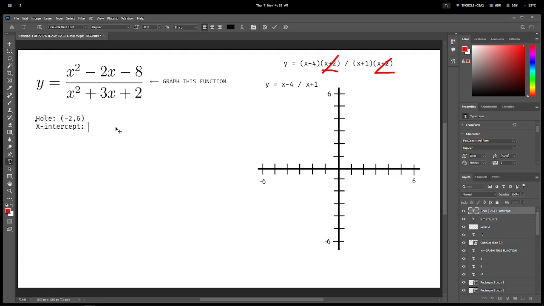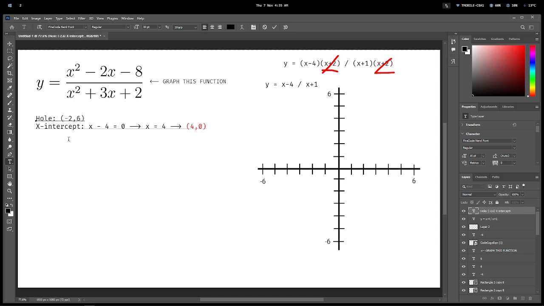So it becomes x minus 4 equals 0, and it will become x equals 4, because to get rid of -4, you plus 4, blah, blah, blah. You guys know that shebang. And we will write this in a coordinate also. So this will become 4, 0. And that is our x-intercept right there.